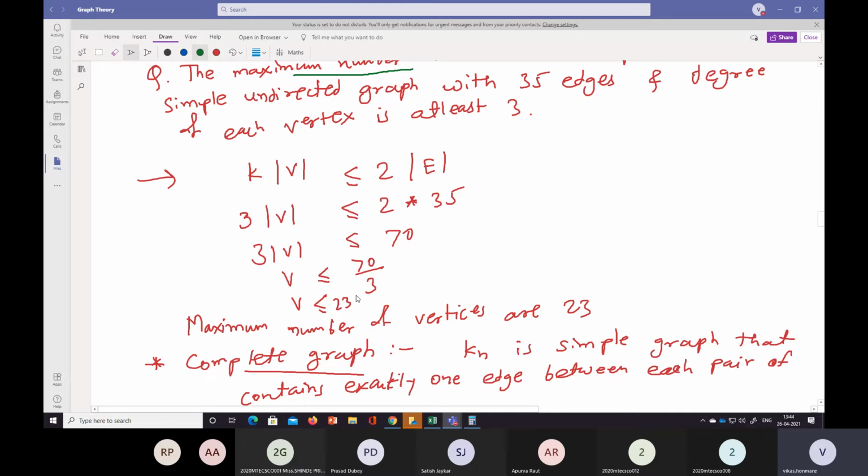So 23.33 is the actual number and we get 23 in that case.